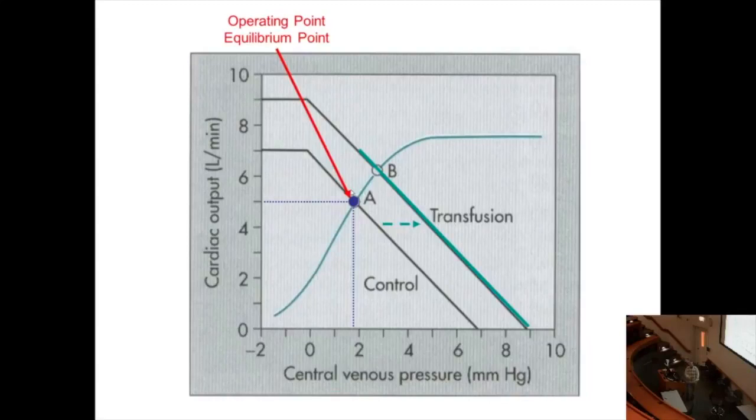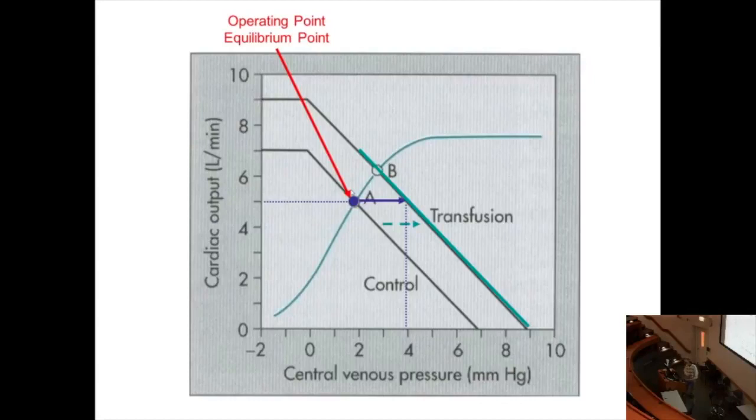Now we give a blood transfusion, and I said if you increase the blood volume, you get a parallel shift in the vascular function curve. So now you've increased the central venous pressure by adding blood to the system, okay? And you've shifted your vascular function curve.